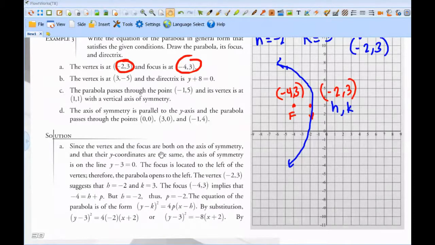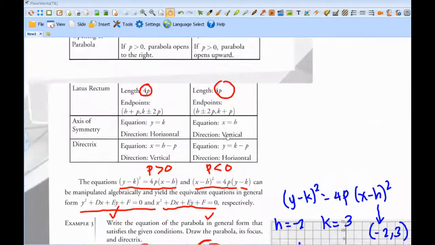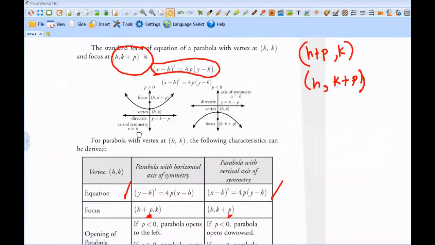Since the vertex and focus are both on the axis of symmetry and their y-coordinates are the same, the axis of symmetry is on the line y equals k. Again, let's recall our axis of symmetry. Where is it located?